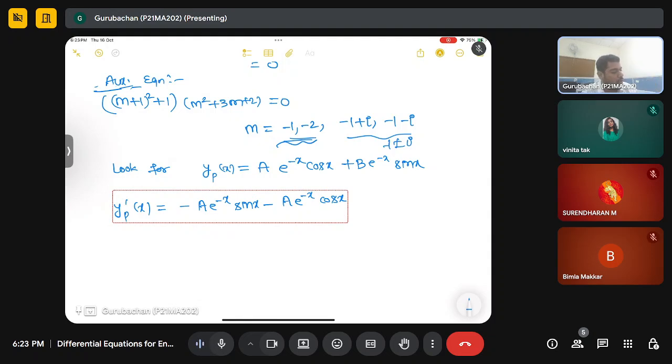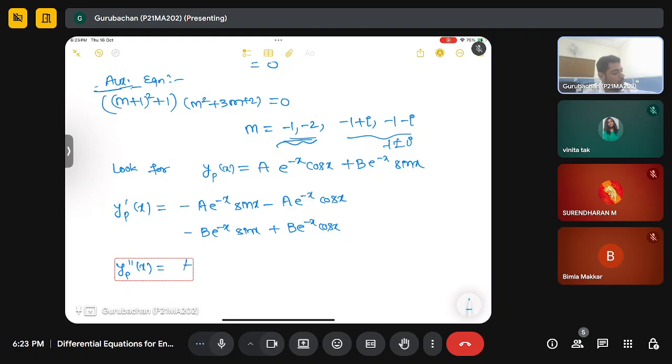When you differentiate b e to the power minus x sin x, this will give you minus b e to the power minus x sin x plus b e to the power minus x cos x. Now if you do the double derivative, you will get plus a e to the power minus x sin x, with the negative sign, a e to the power minus x cos x.